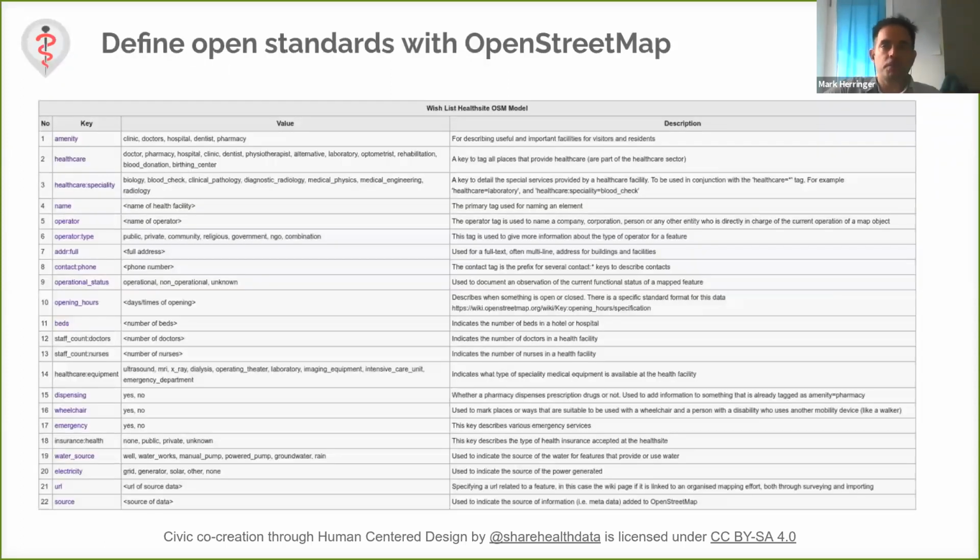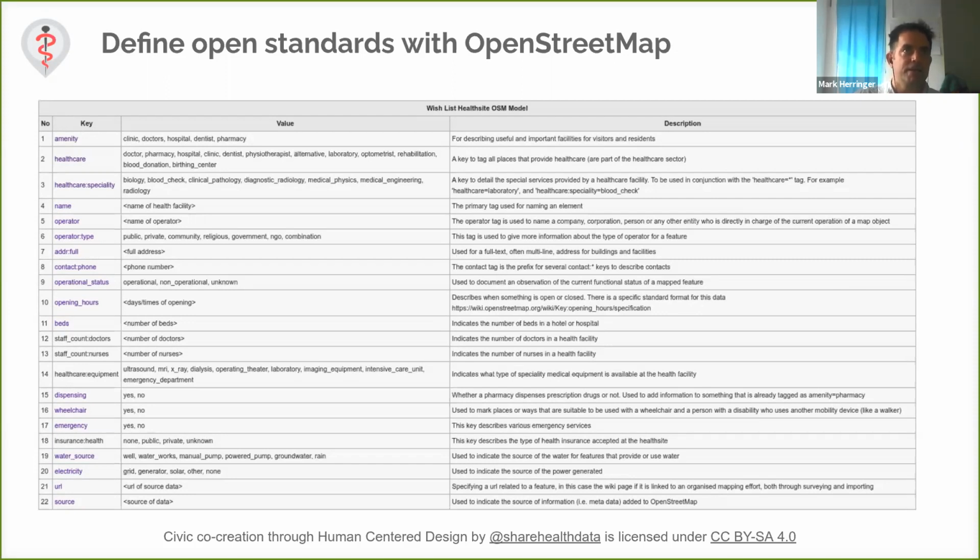So when we think about the standard, this is what we're talking about. We're trying to understand how to support emergency health with the tags that OpenStreetMap offers. And as you can see, we can specify blood checks, medical physics, radiology with the speciality of a healthcare.